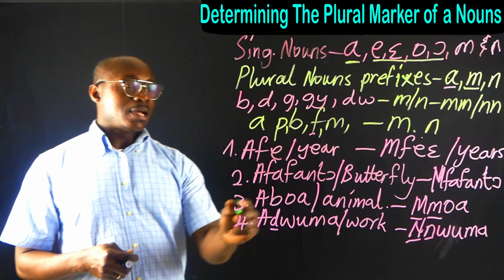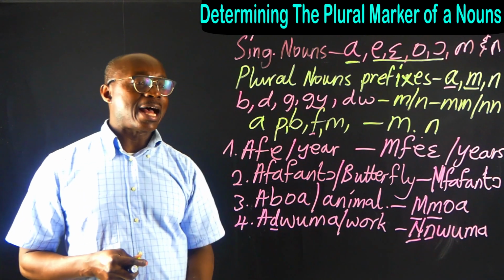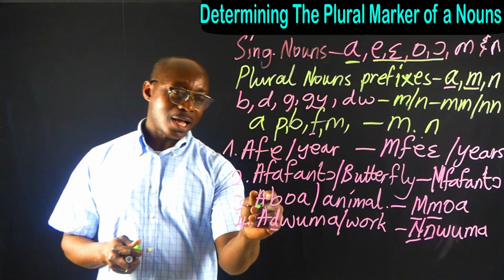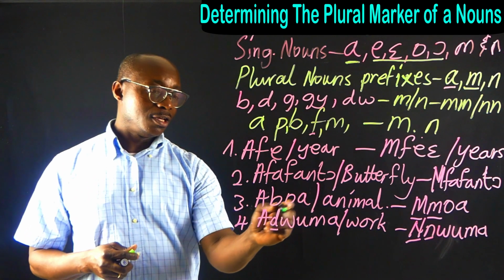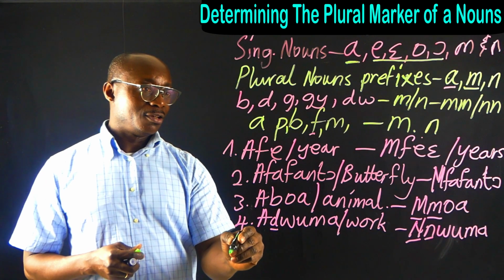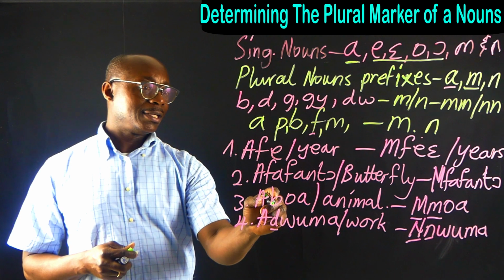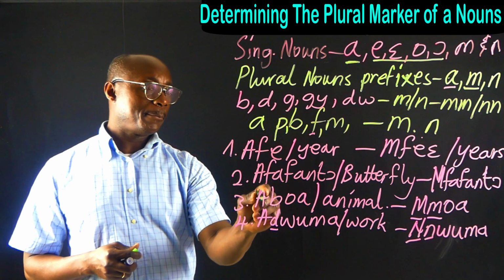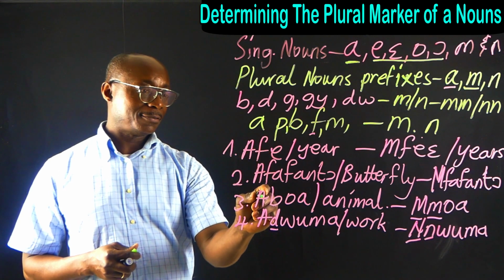Let's look at some examples. First of all, let's look at what we have here. You see aboɔ. Once it is starting with A, followed by this B, then it means in the plural state, it's going to take M as the prefix.